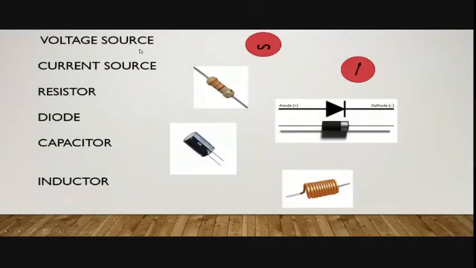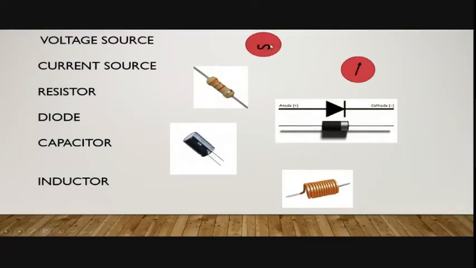Okay. So if you want to study any circuit or an electrical network, then you should know about the voltage source. This voltage source can be an AC source or a DC source. This is the symbol for an AC source. Here you have a circle and you have a sine wave inside this circle.